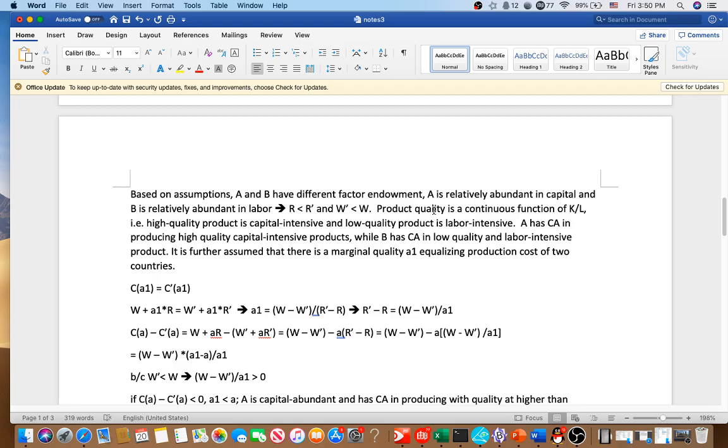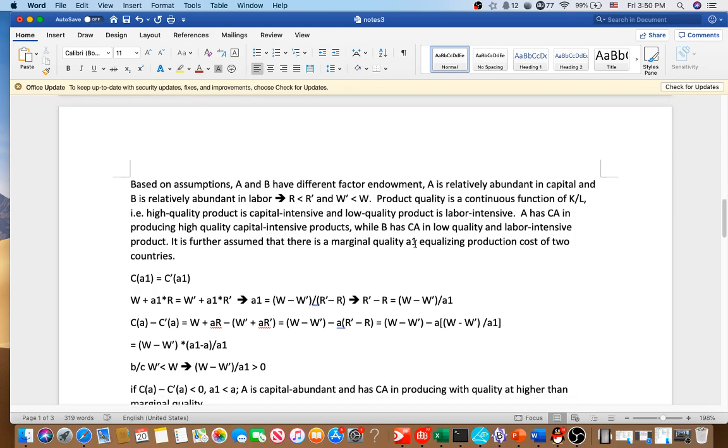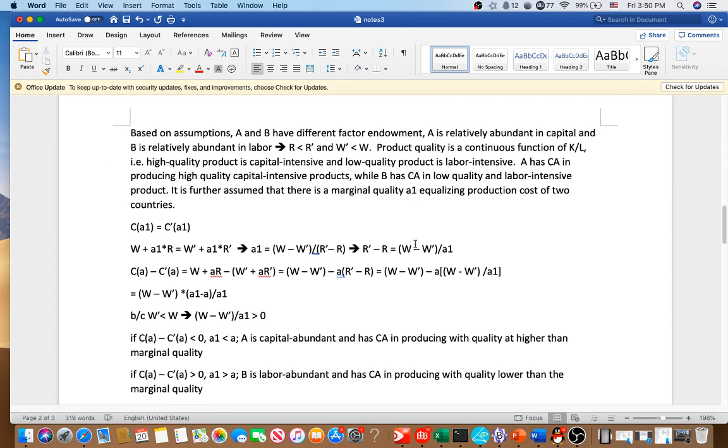And the product quality is a continuous function of the capital to labor ratio K over L. That is, the high quality product is capital intensive, and the low quality product is labor intensive.